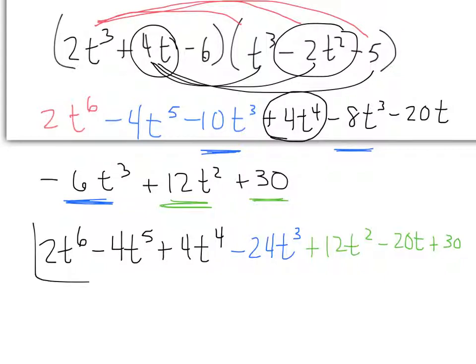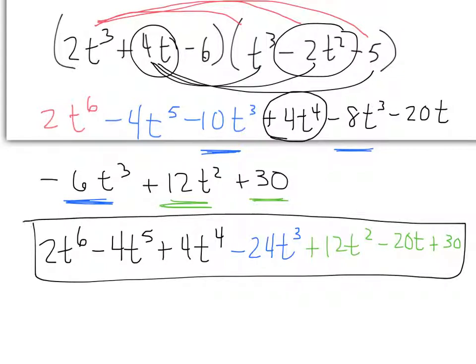So this is my answer for the voltage function. What's the degree of this polynomial? Nina? 6. Because remember, the degree is the highest degree of any of the monomials. This is clearly the highest. There are no other variables to make it any different.